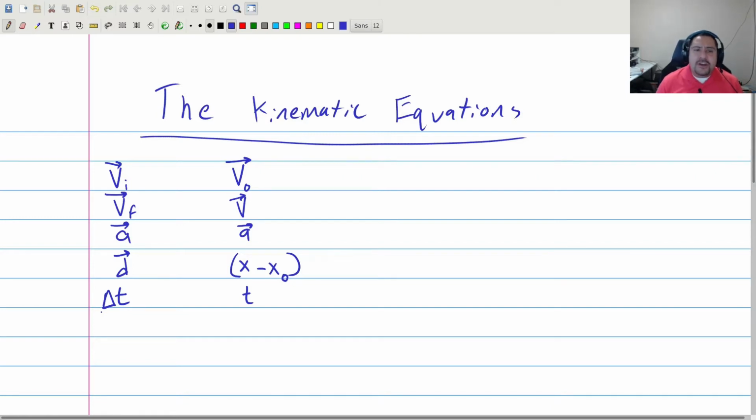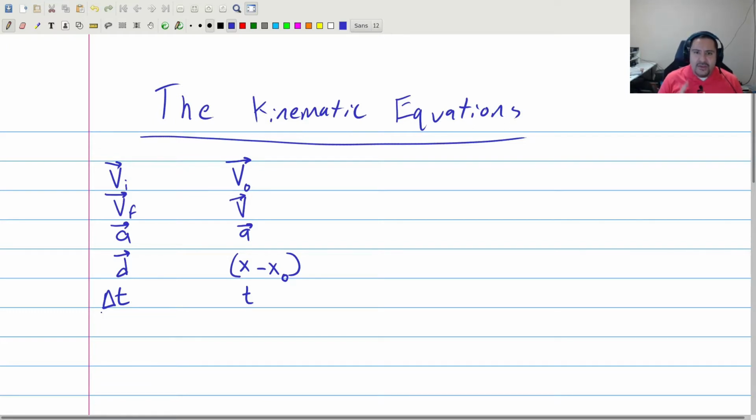Okay, so now that we know these 5 kinematic variables, there are 4 kinematic equations that are made up out of these 5 variables. And the kinematic equations allow you to relate things like distance to things like acceleration, things that don't naturally have a definition that incorporates the two.